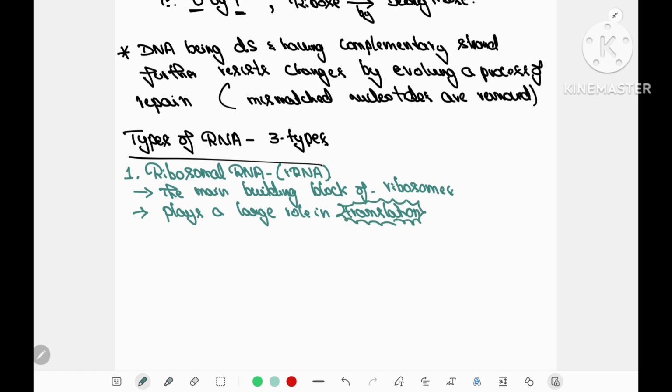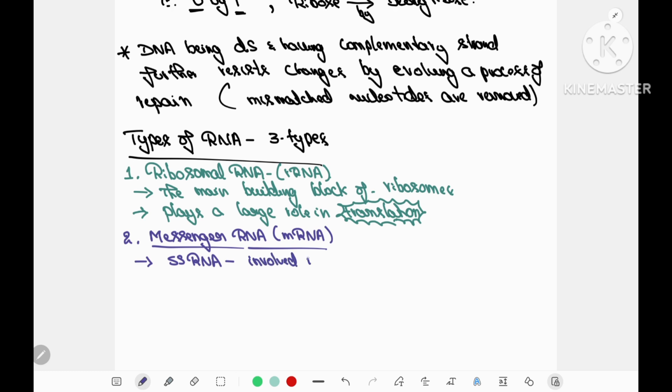Okay, so now the second type of RNA is messenger RNA or mRNA. Messenger RNA is always single stranded and it is involved in protein synthesis, and messenger RNA is always formed from a DNA template during the process called transcription.